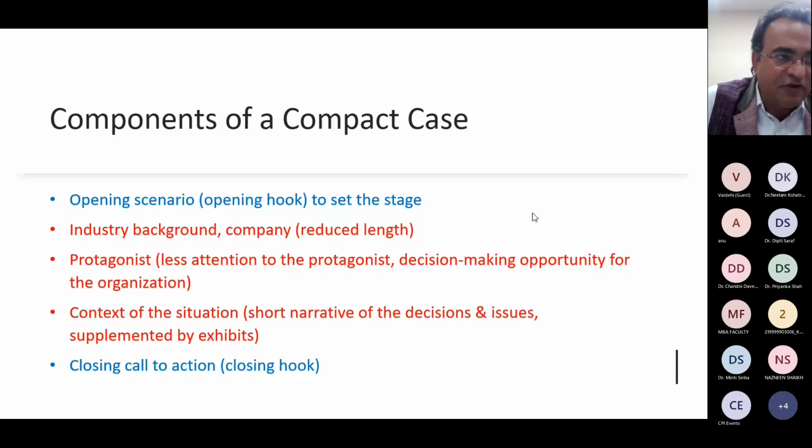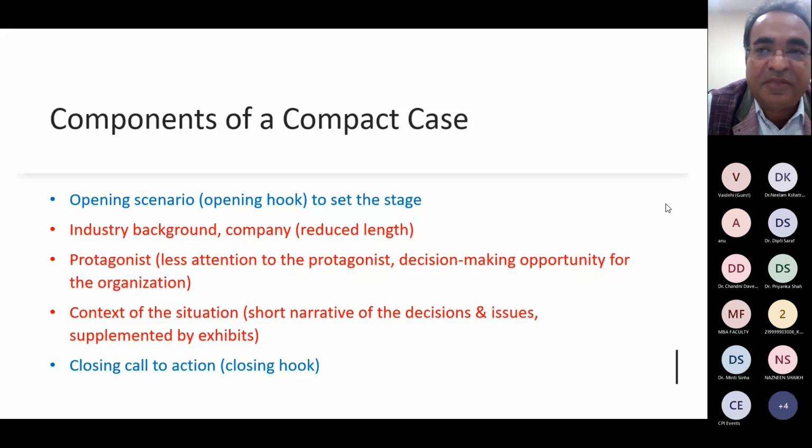So you have an opening scenario which gives the introduction, the way Dr. Shalini also indicated in the earlier session, right? It still needs to be slightly shorter than a traditional case. But when you're moving to the next component, which is the industry background or the company background, here the assumption is that the students are already aware of the industry.